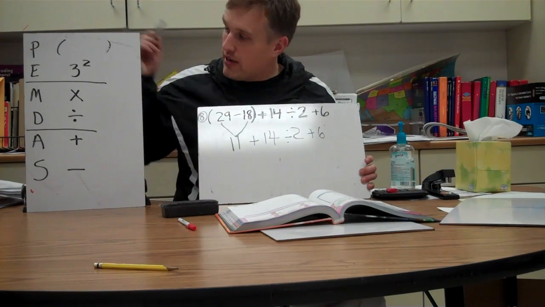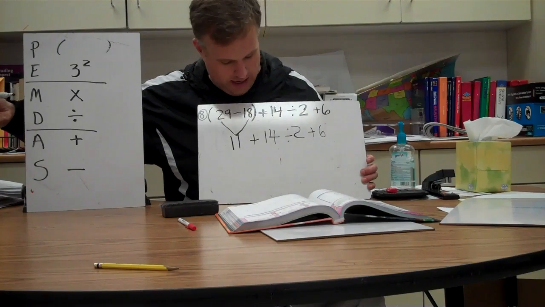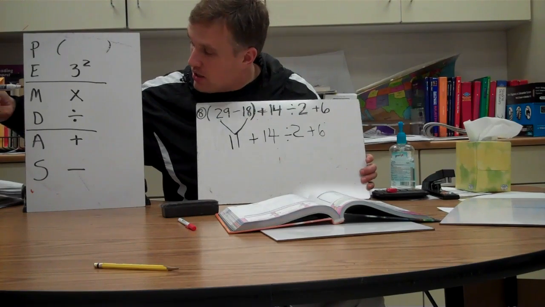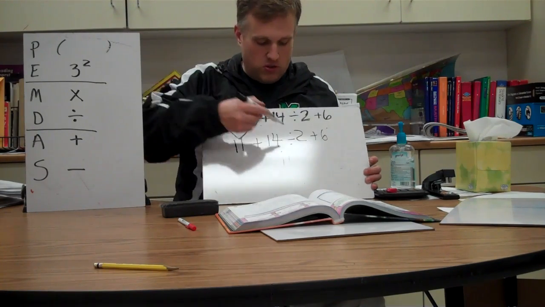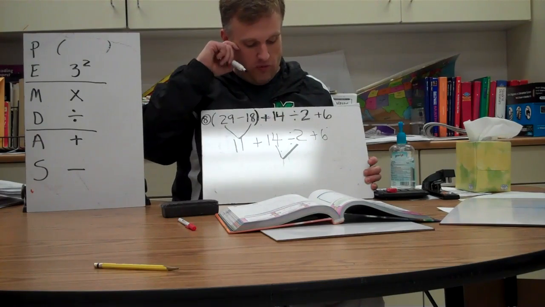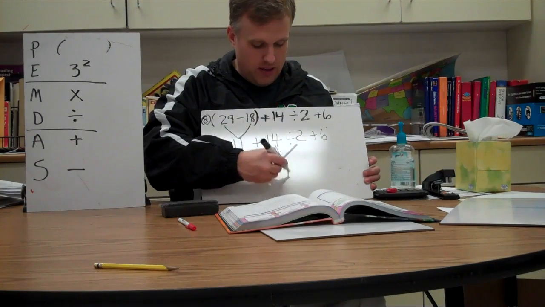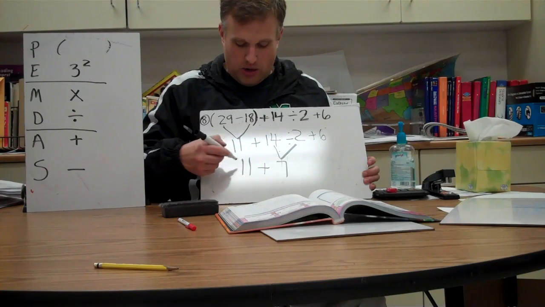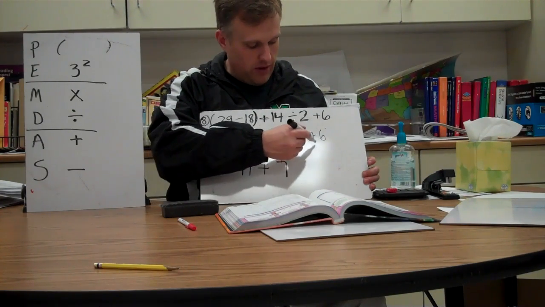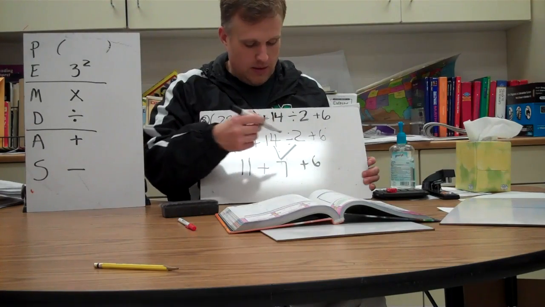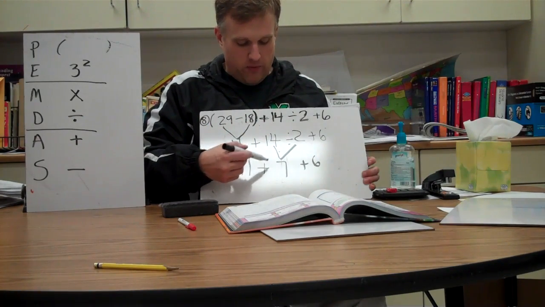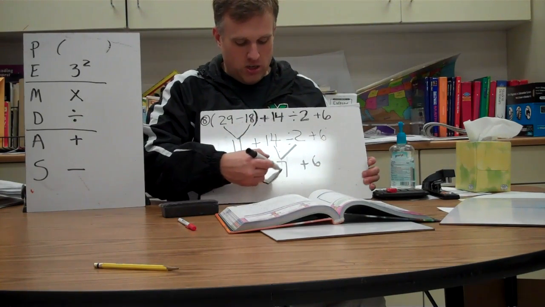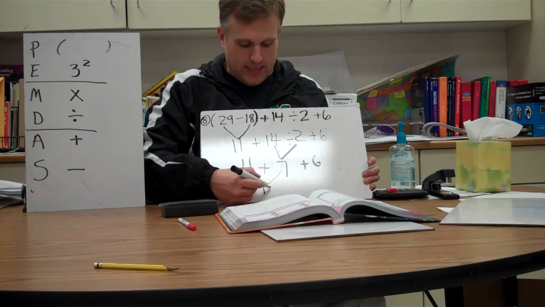So what am I going to do first? I come here. Which comes first? I have addition and division. Division comes first. So 14 divided by 2 is 7. And you can use your matrix for this. So I rewrite the problem. 11 plus 7 plus 6. Now I have 11 plus 7 plus 6. I'm going to do my addition. 11 plus 7 is 18.